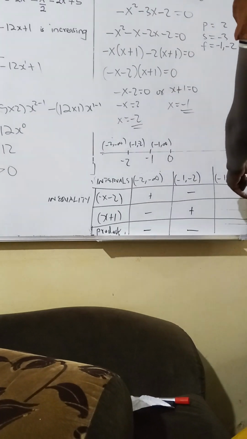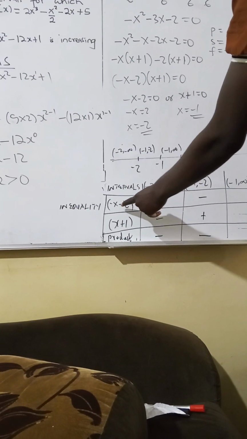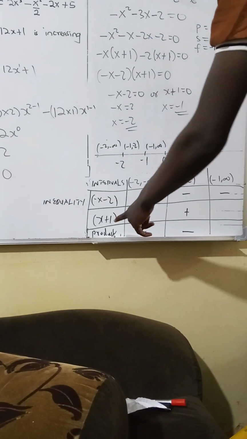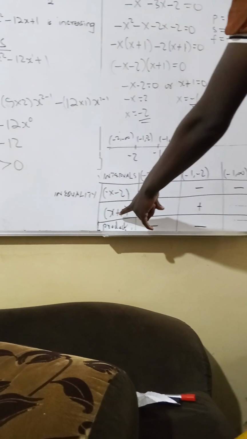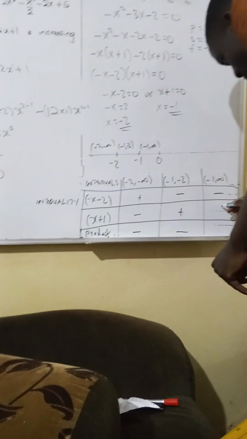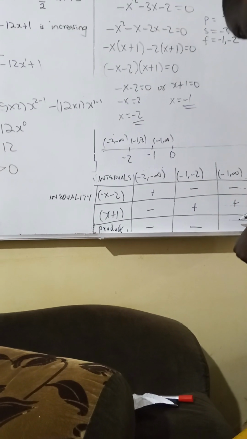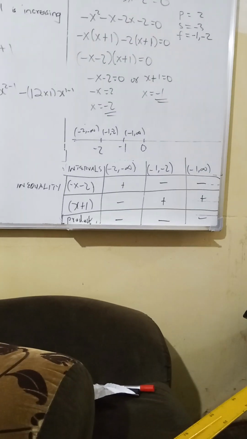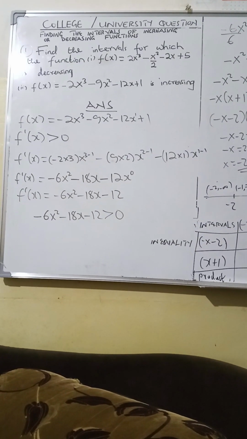If I pick from -1 to positive infinity, I can pick 0. If I put 0 there, I'm going to have a negative value. If I put 0 there, 0 plus 1, I'm going to have a positive value. Negative times positive, it's negative. So the question is asking us to find the range of the function where it is increasing. So I can see that the product is all negative.